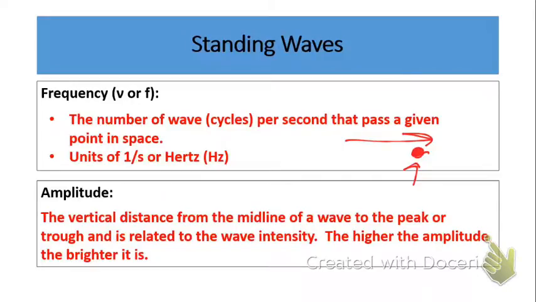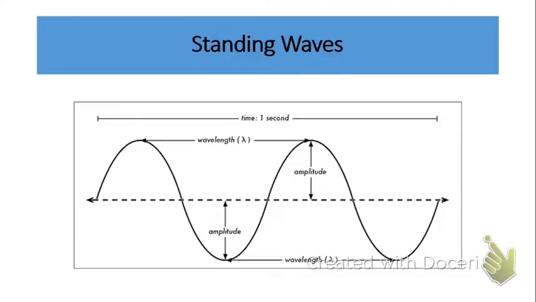So, for instance, let me erase this. Let's go to our diagram here. And let's say we have a point in space right here. And what we're going to do is we're going to begin to count the number of wave crests that pass that given point. And we're going to do so until 1 second has occurred.